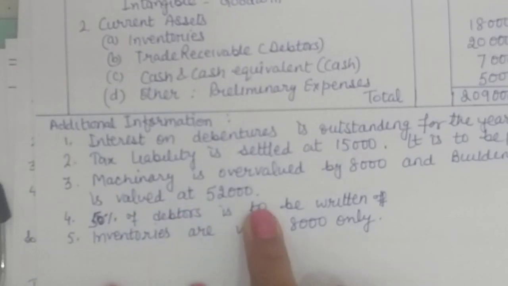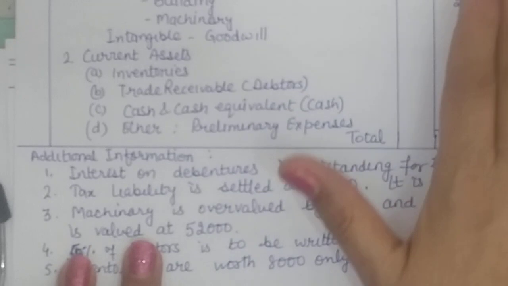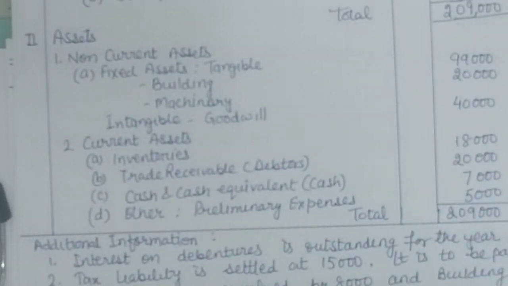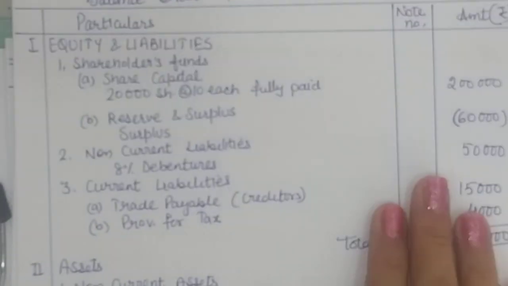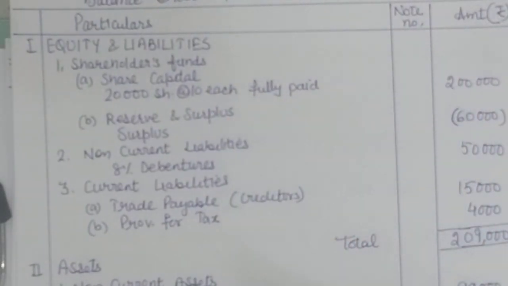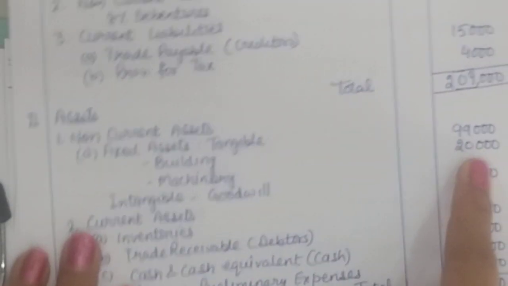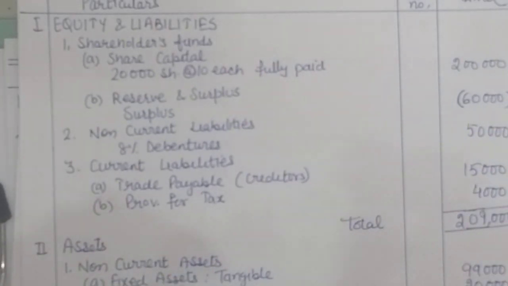Building's value is 52,000. So their assets are overvalued. So this total of assets is overvalued. Their assets are much, much lesser. On the other side, their liabilities are higher and their capital is lost. So such companies need restructuring. They need to show their assets at their true worth, their liabilities at their actual claims.